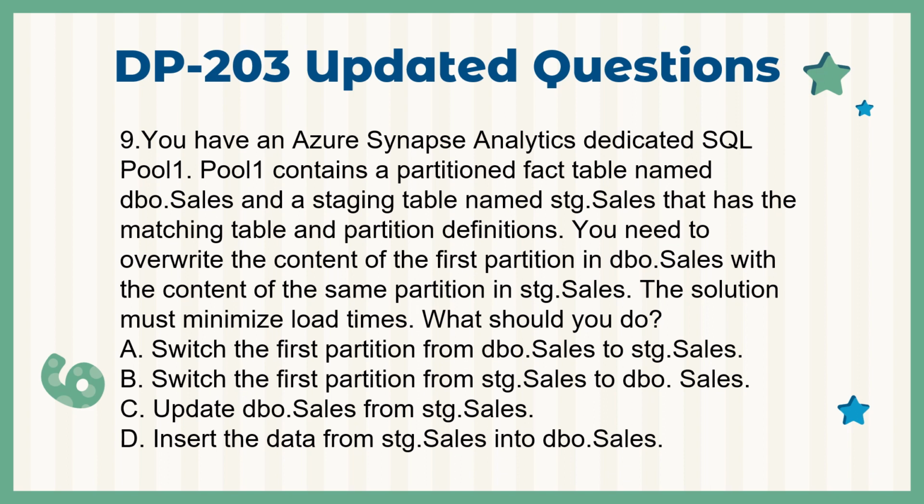A. Switch the first partition from dbo.Sales to stg.Sales. B. Switch the first partition from stg.Sales to dbo.Sales. C. Update dbo.Sales from stg.Sales. D. Insert the data from stg.Sales into dbo.Sales.